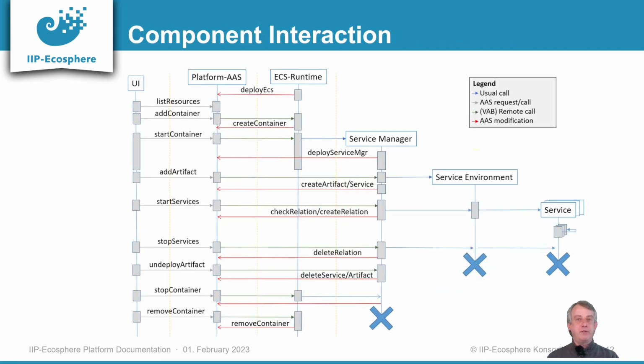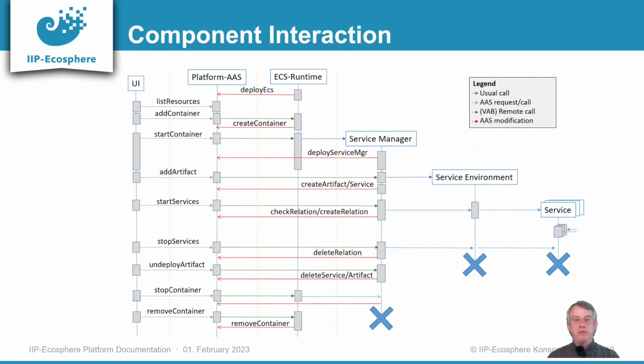This is a slightly simplified overview of the start-to-finish component interactions within the IIP-Ecosphere platform during the general life cycle of services and their subsequent application in the platform. The left-hand side shows the user interface from which you issue commands to create containers for services and artifacts, for example, AI models, using the ECS runtime of the platform.